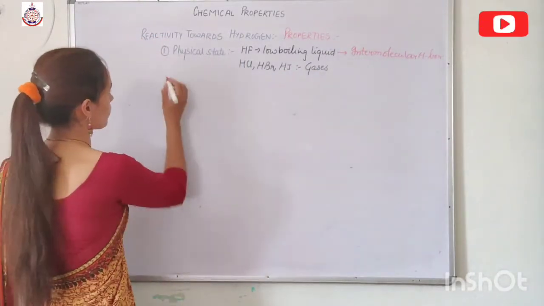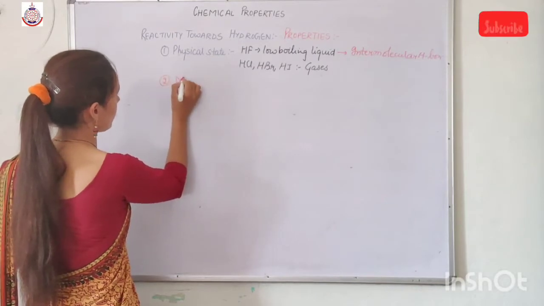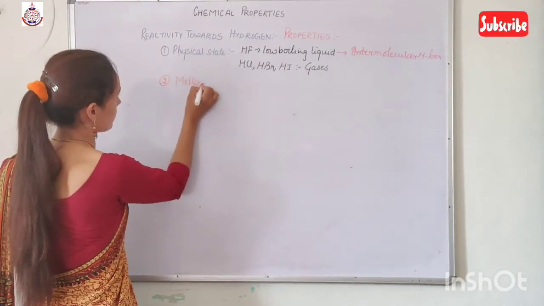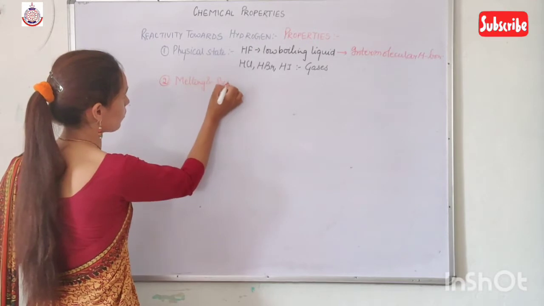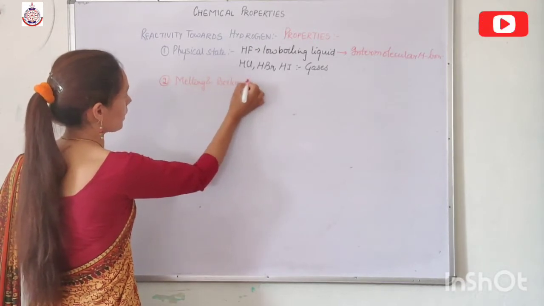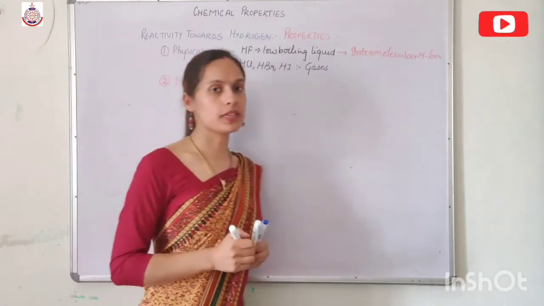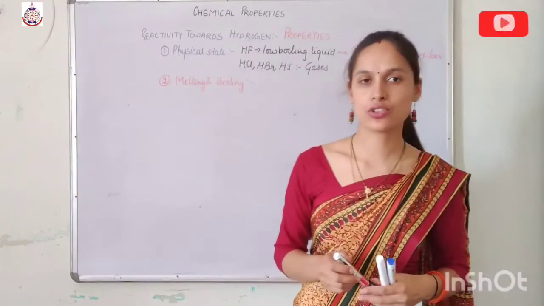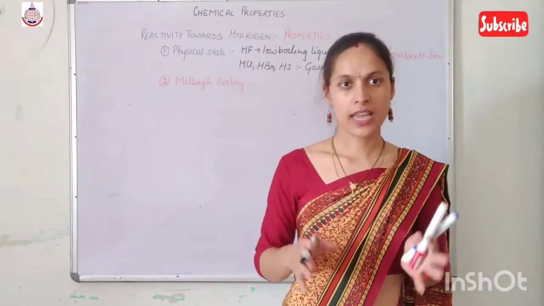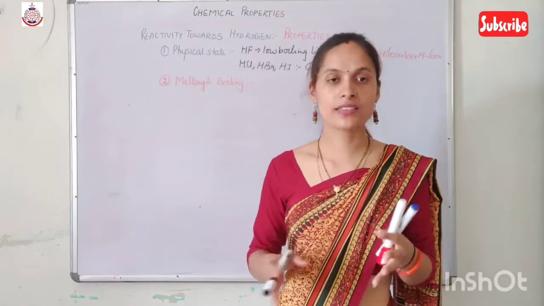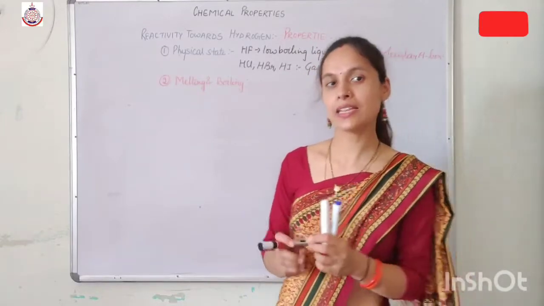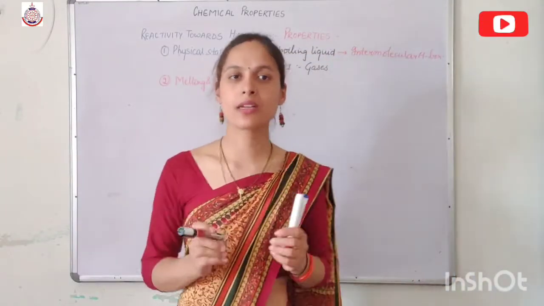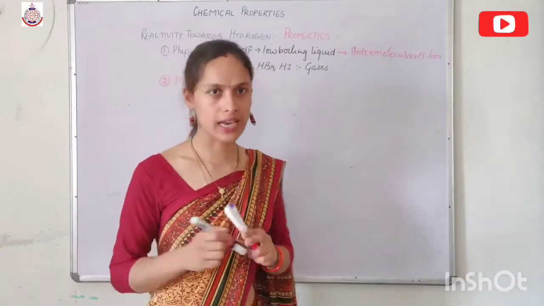The next property we will talk about is the melting and boiling point. Again, due to the presence of intermolecular hydrogen bonding, HF has the highest melting point and the highest boiling point among the different hydrogen halides.